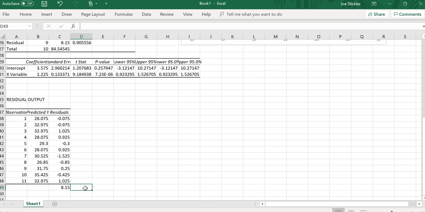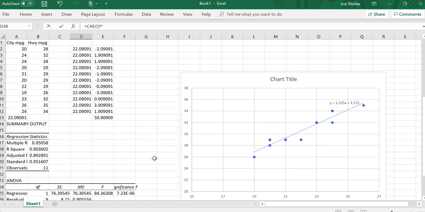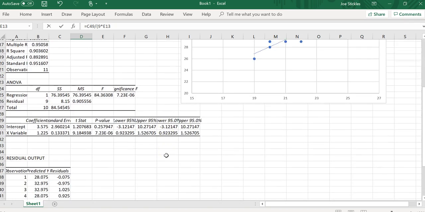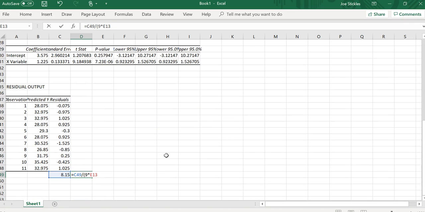So if I divide that numerator by 9 times E13, the sum of the squares of the deviations, there's 11 data points. That's where I'm getting the 9 from. Oops, I got to do the square root of that too.